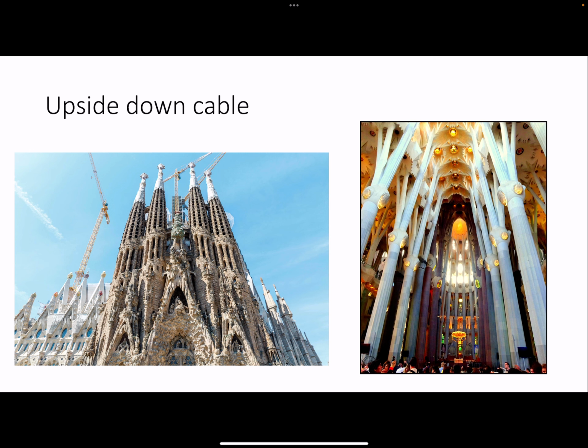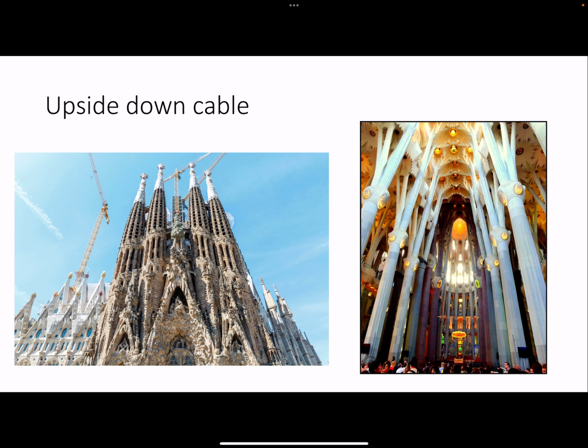Does anybody know what this is? It's the Sagrada Familia. It's in Spain, and they started construction back in, I don't remember the exact year, but the 1800s, so it's been under construction for a long time. It's still under construction today. I think they thought they would finish it by 2021 or something, but COVID delayed a bunch of things, and so it's still under construction.